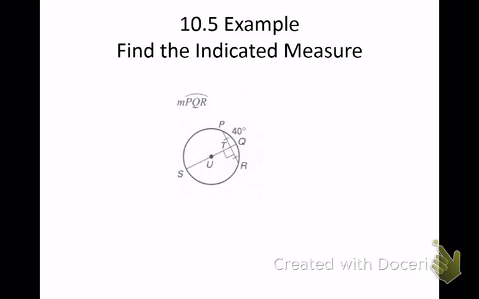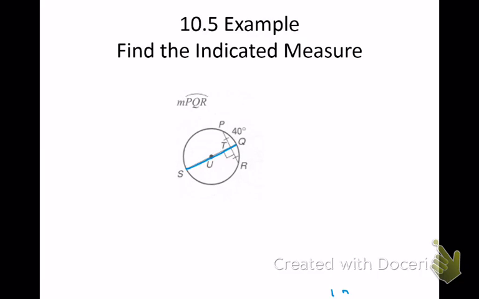So we're in this example here. If we want to find the measure of arc PQR, and we're calling it arc PQR because we don't know if it's a minor or a major arc just yet, it's probably going to have to be a minor arc. So, PQR or arc PR? Well, we know that here that SQ is a diameter.